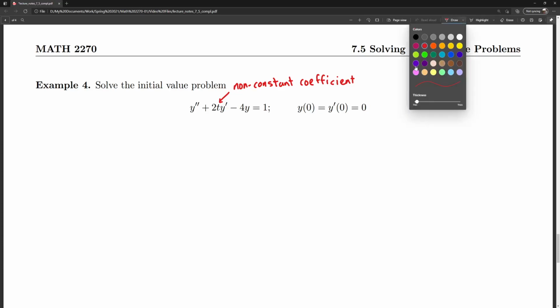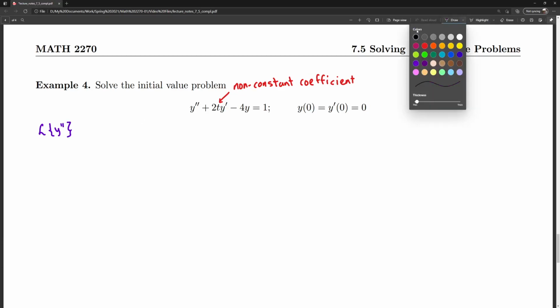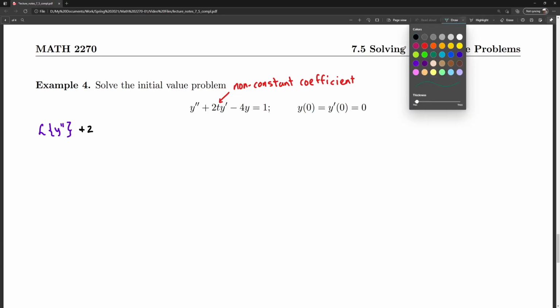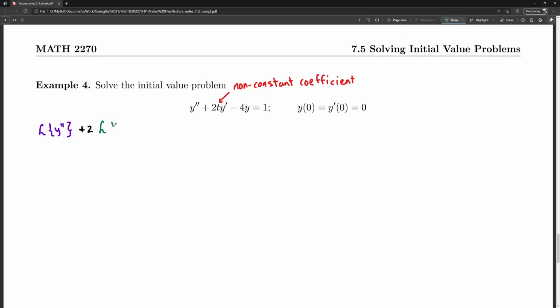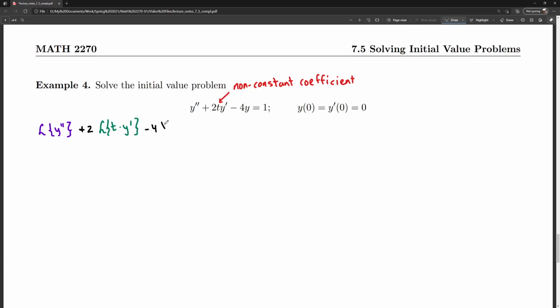When we take the Laplace transform on both sides, we start with the Laplace transform of y double prime, just as before, and then we add to that 2 times the Laplace transform of t times y prime, and then minus 4 times the Laplace transform of y.